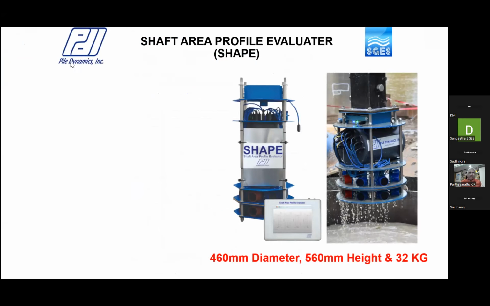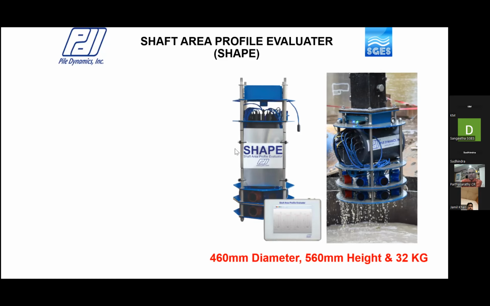Now coming to SHAPE, again another quality control tool prior to pouring the concrete, which is called the Shaft Area Profile Evaluator. Like SQUID, it could also be connected directly to the Kelly bar of the piling rig, or it could be lowered from a winch. It doesn't require any force, but the SQUID requires a force.